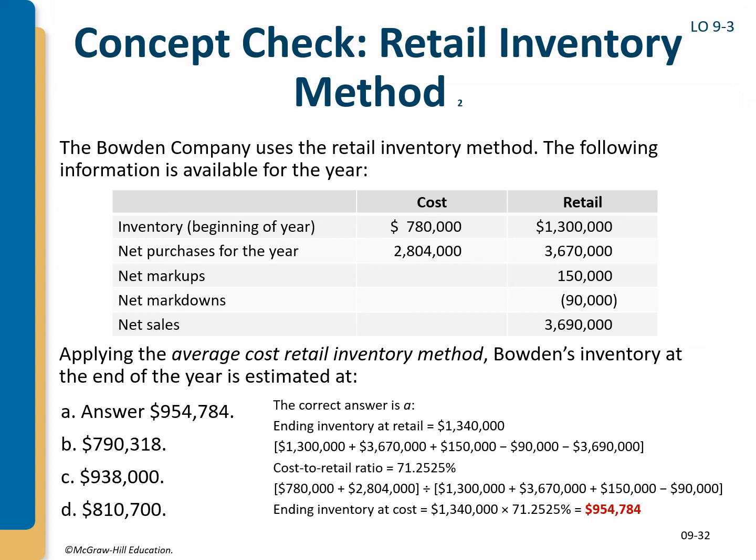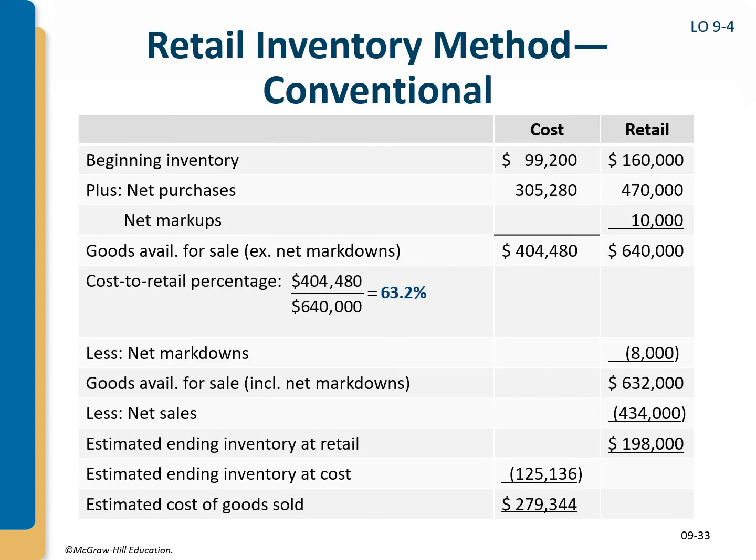Okay, so that's one method of using retail inventory for the average cost. Another method is the conventional method. Now, take a look, same information. But when we're calculating our cost to retail percentage, we do not subtract markdowns out of our retail value. So we still have cost, beginning plus purchases. The retail value, so the original selling price of our beginning inventory, is $160,000. The original selling price of our purchases is $470,000.